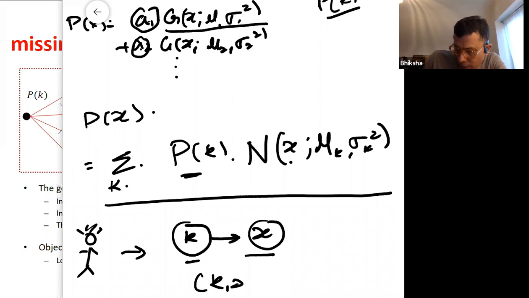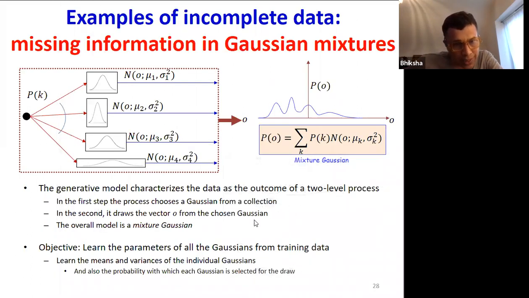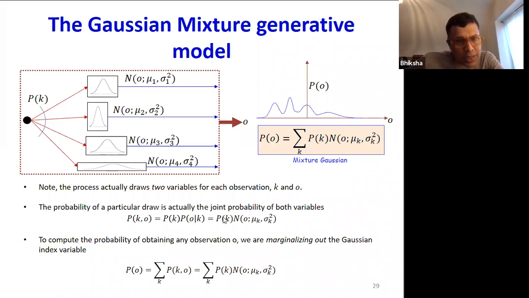So the process of generation requires the drawing of two variables. The first is the Gaussian and the second is the observation itself. So the process actually draws two variables for every observation. The probability of choosing one particular path over here is the probability of choosing the Gaussian and drawing the observation from it, which is P of k comma O, which is P of k times the probability of O given the kth Gaussian.